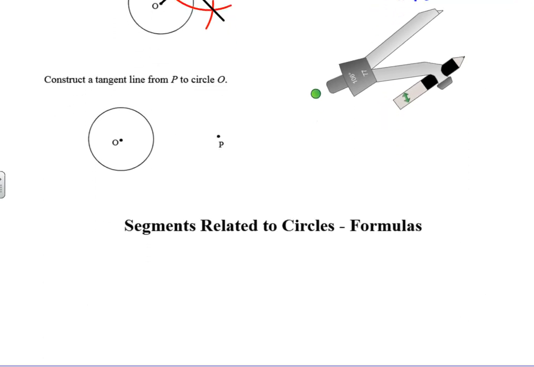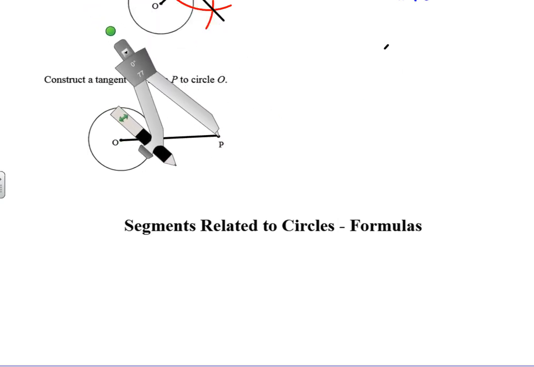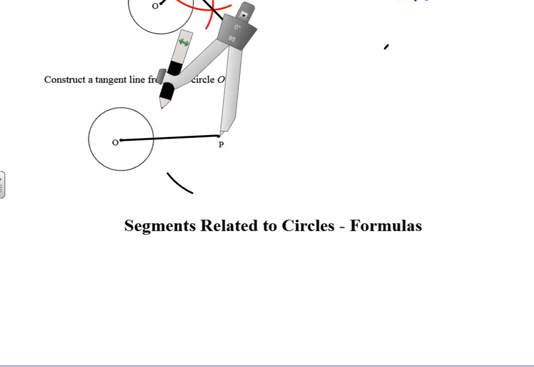What I'm going to do first of all is kind of a similar process in starting. I'm going to connect O and P. And now we're going to construct the perpendicular bisector of this segment. To keep it a little cleaner, I'm not going to do the full surfboard.